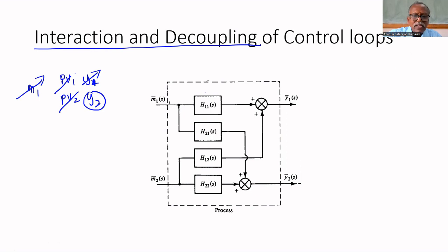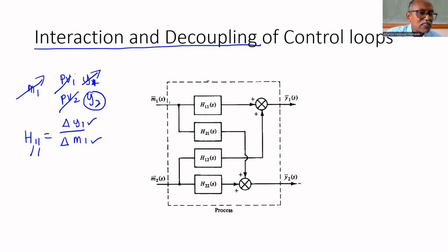For that, we can find the mathematical model. 4 mathematical models you can get. That is H11. H11 equals change in Y1 for change in M1. The first suffix indicates the output, and the second suffix indicates the input.